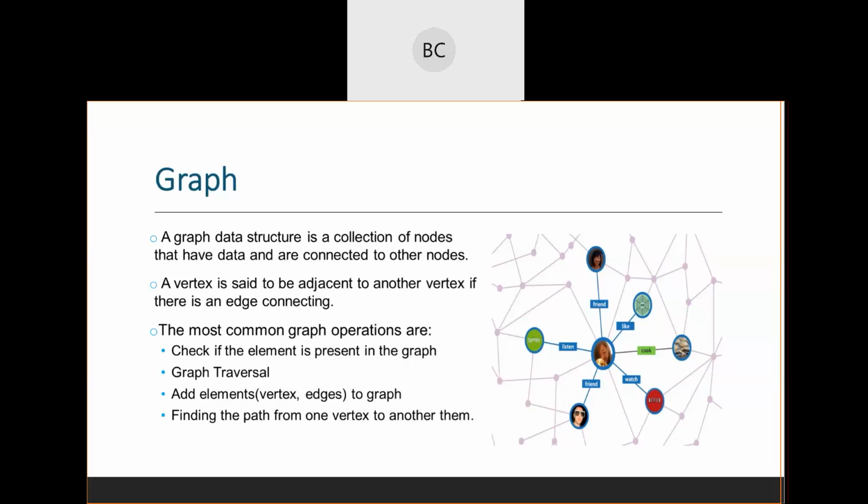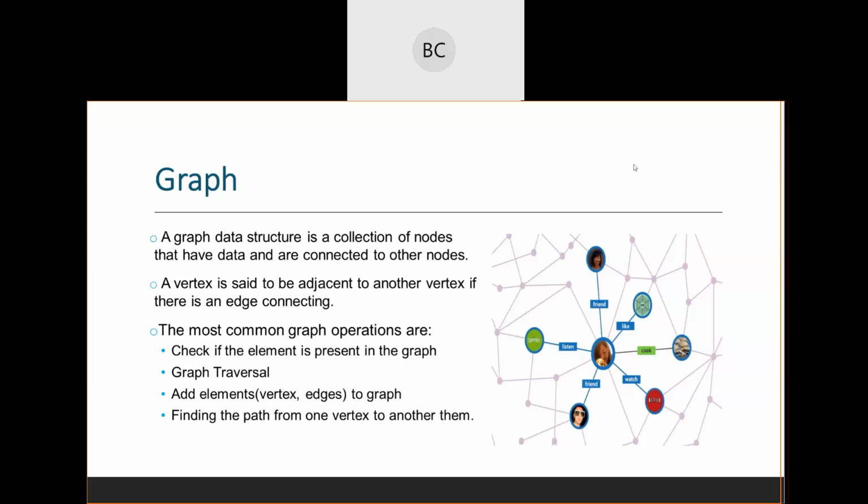So, in a graph data structure, a vertex will be said to be adjacent to another vertex if there is an edge connecting them to each other. If there is no edge between any two nodes, then those nodes are not adjacent. It will be adjacent only if it has an edge, or you can say if it has a relationship with the other node.